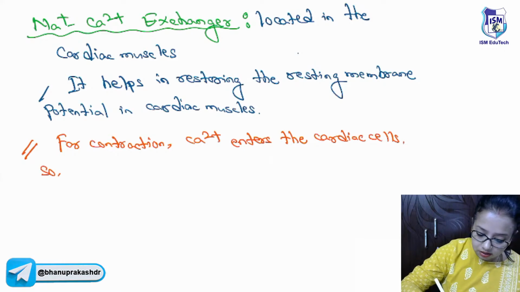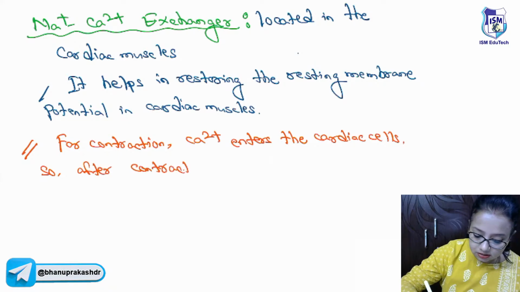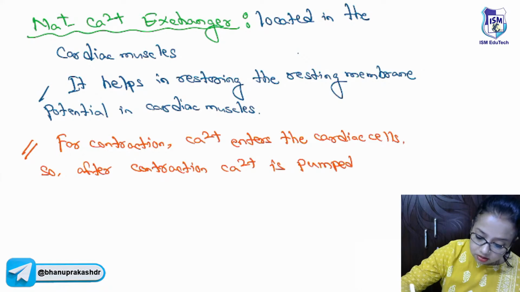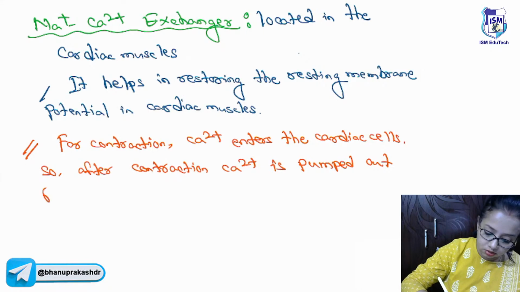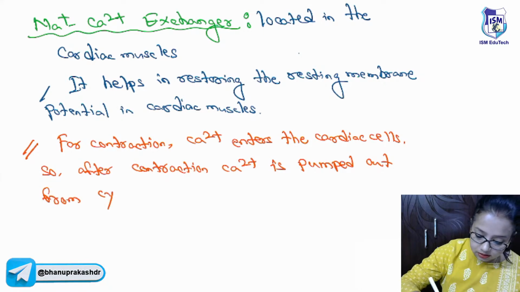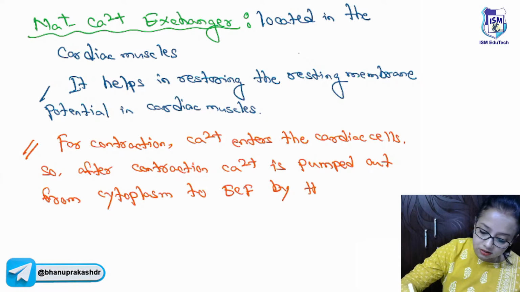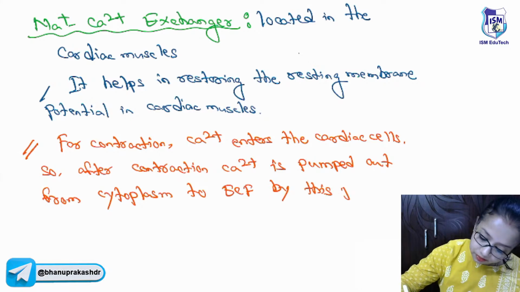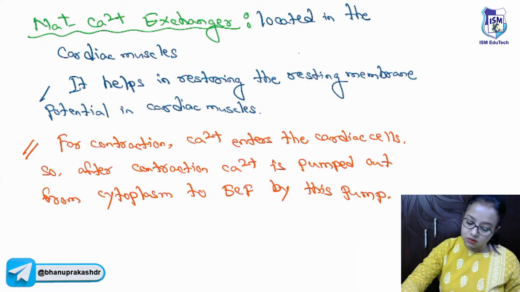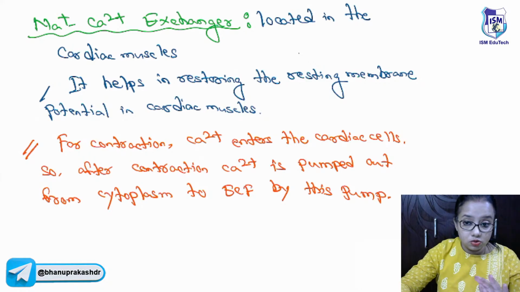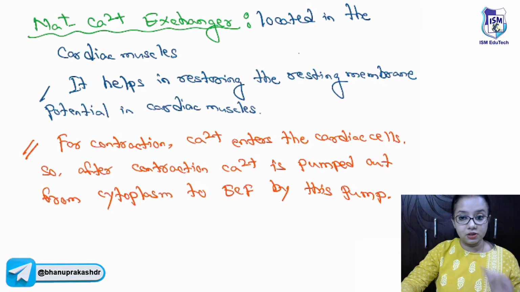So after contraction, calcium is pumped out from the cytoplasm to the ECF by this pump. Okay, calcium is removed not only by this exchanger but also by other pumps.